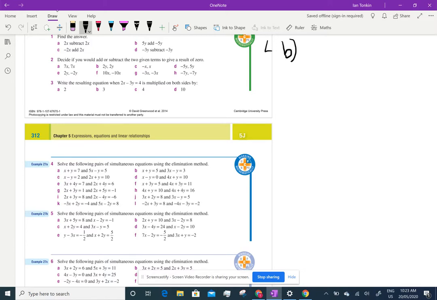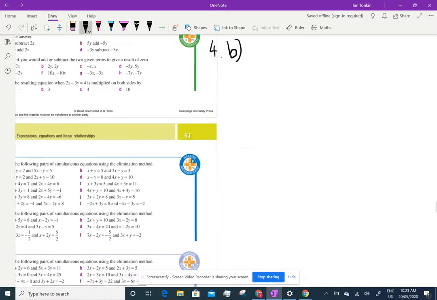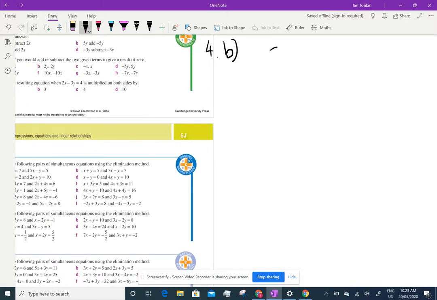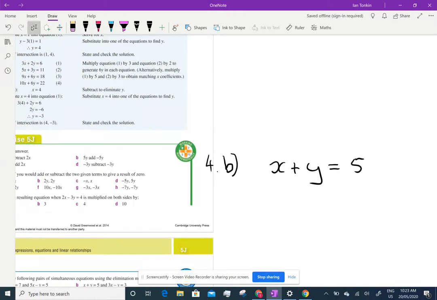So here's 4B. We did this last year, so you should be fine. We've got two equations, and we know they're linear equations. Remember, all linear equations, all straight lines, will have one solution, or no solutions if the lines are parallel.